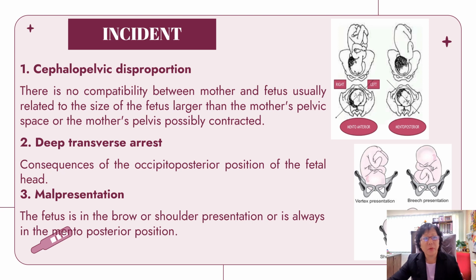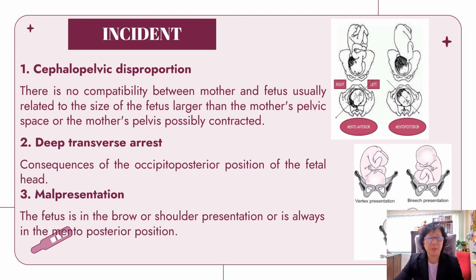The incidence of obstructed labor happens because of several conditions. Number one, cephalopelvic disproportion. There is no compatibility between the mother and fetus, usually related to the size of the fetus being larger than the mother's pelvic space, or the mother's pelvis possibly being contracted.